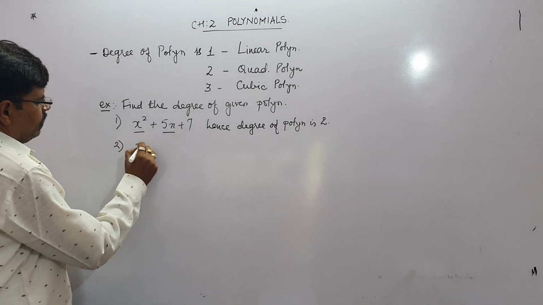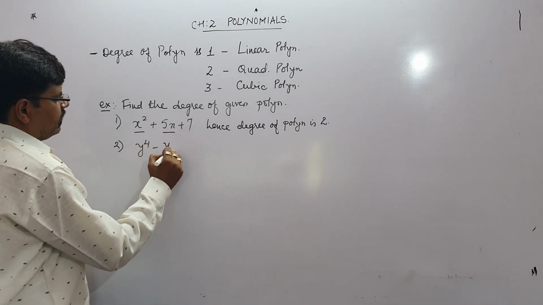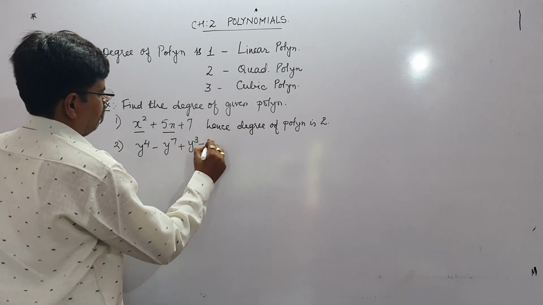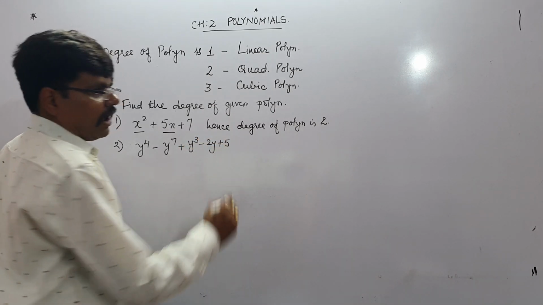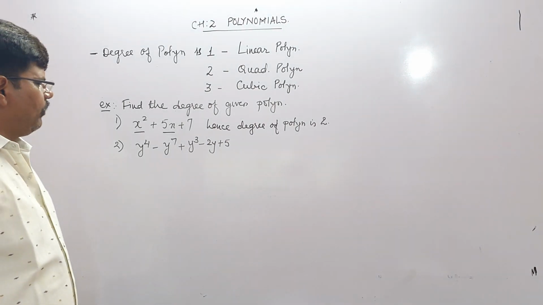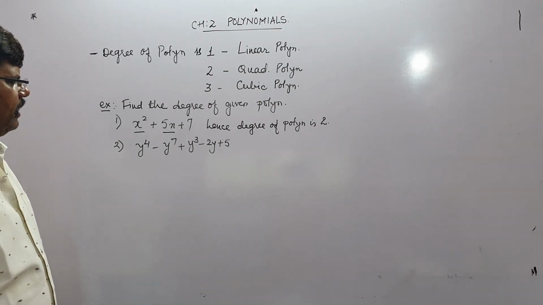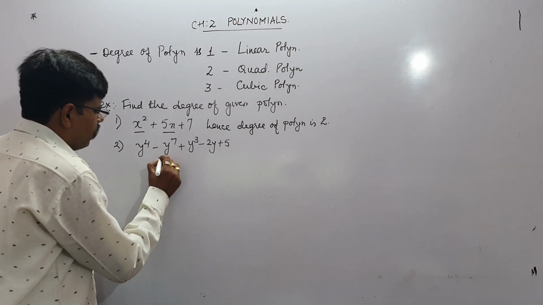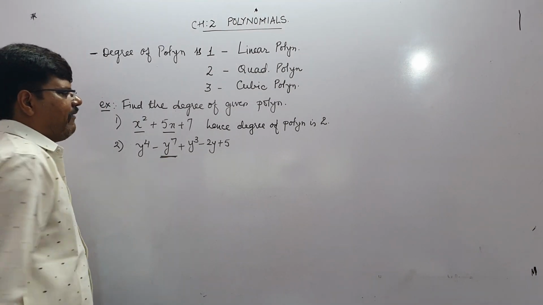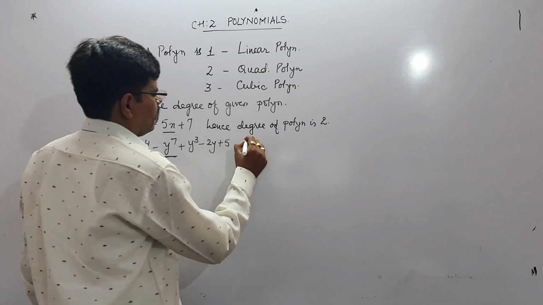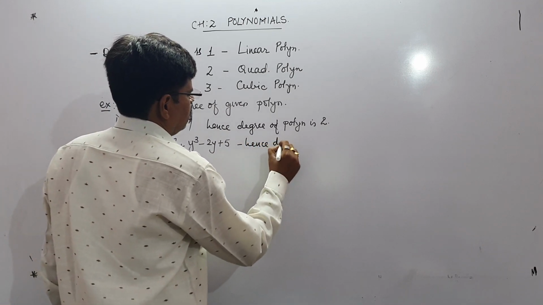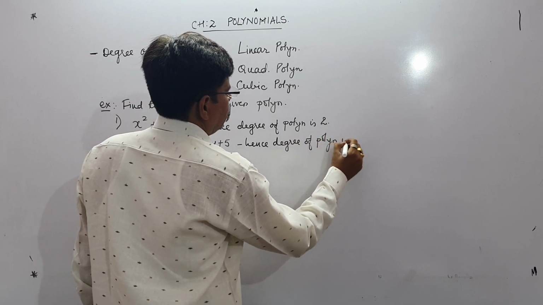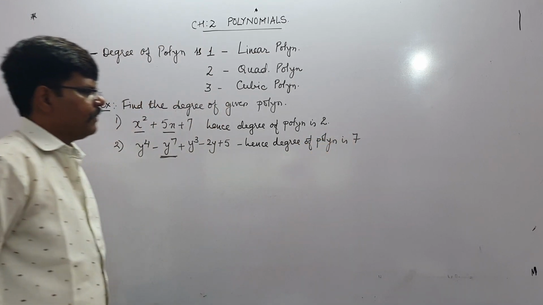Take y raised to 4 minus y raised to 7 plus y raised to 3 minus 2y plus 5. If you look properly at the given polynomial in terms of y, the highest power over here is 7. Hence, degree of polynomial is 7.